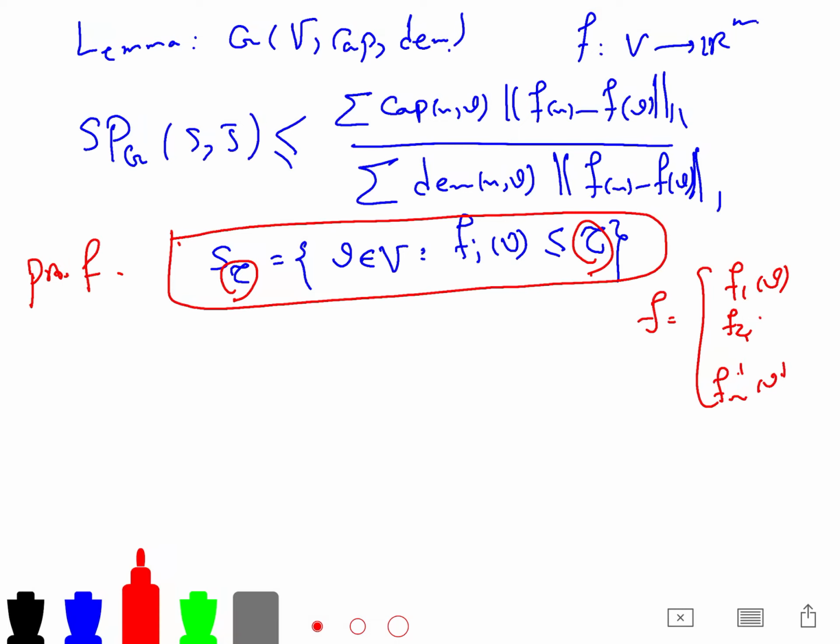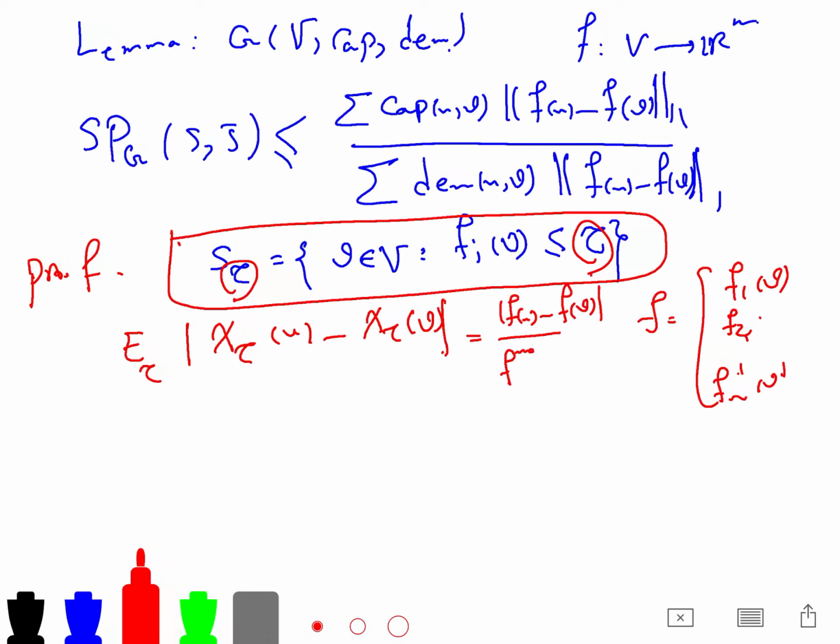And the idea is that the expectation with respect to tau, so any tau that you draw from a uniform distribution, of the indicator of the set, x tau of V, is equal to F of U. Mathematically you can write that as F of U over F maximum minus F minimum.